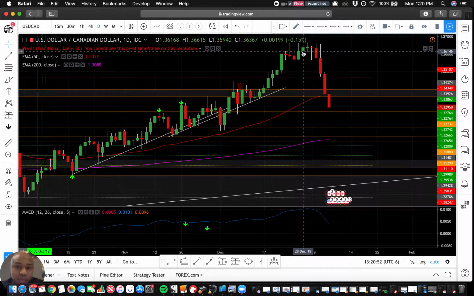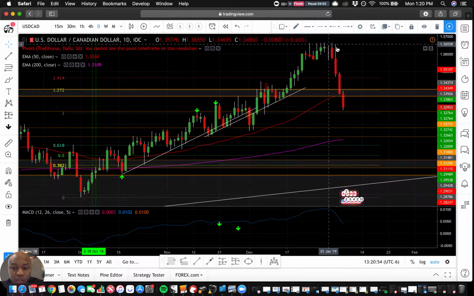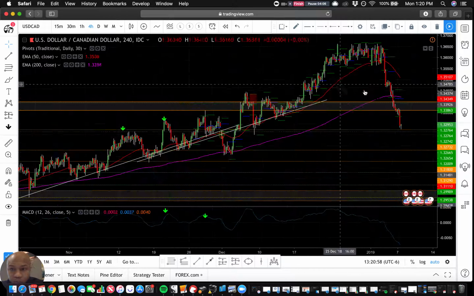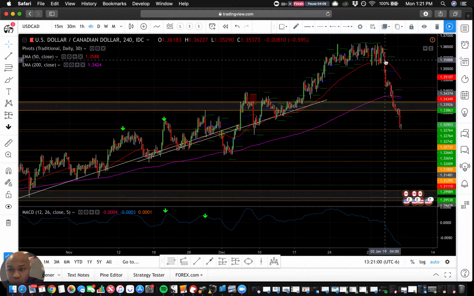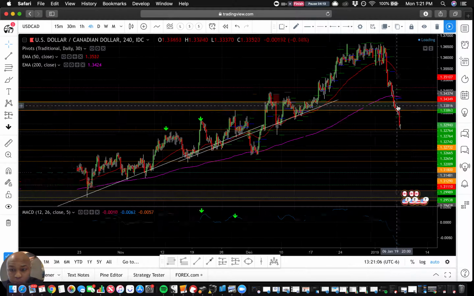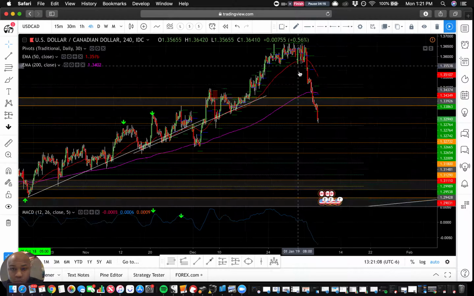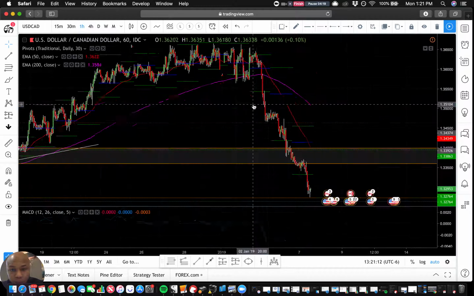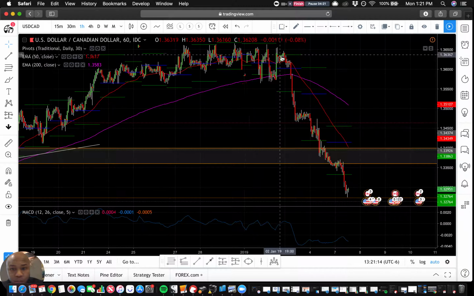This is an even better representation that we just kind of fell off the cliff here, and it looks like we have broken, last week we broke the 50 EMA for the 4-hour chart. So yeah, this is what I would say is the beginning of a pyramid play, and I'm going to be looking for opportunities for a pullback.